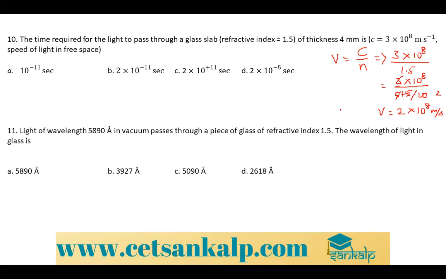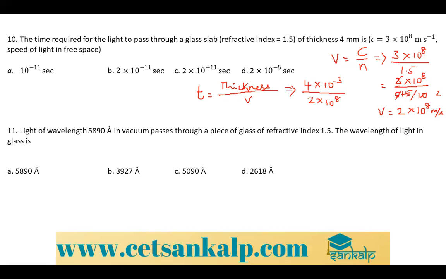Okay, the time required for the light to pass through the glass slab of thickness 4 mm, time t, is given as thickness divided by velocity. So thickness is given as 4 into 10 to the power minus 3, whole divided by 2 into 10 to the power 8.